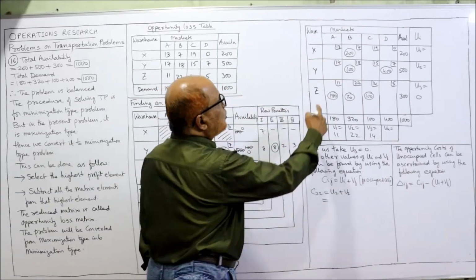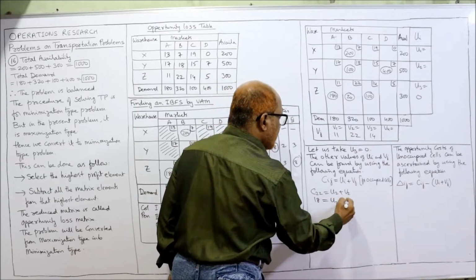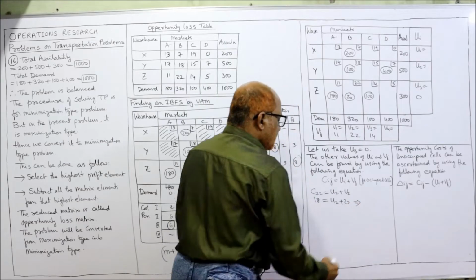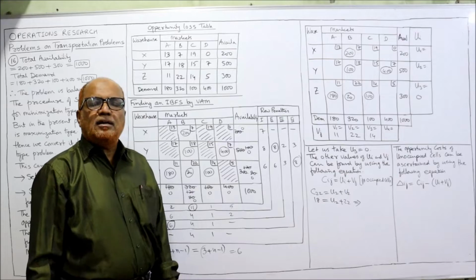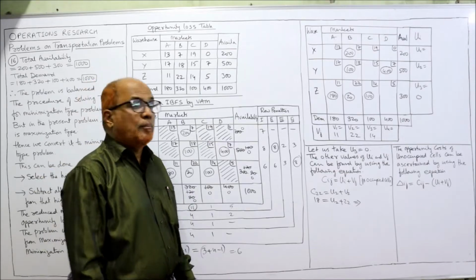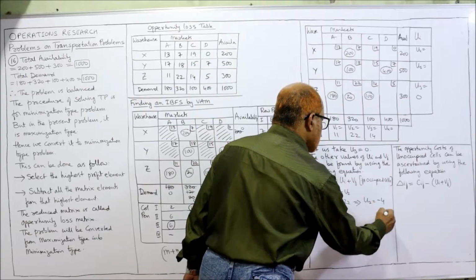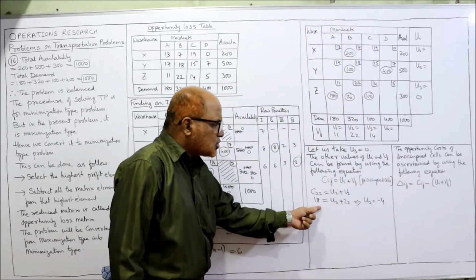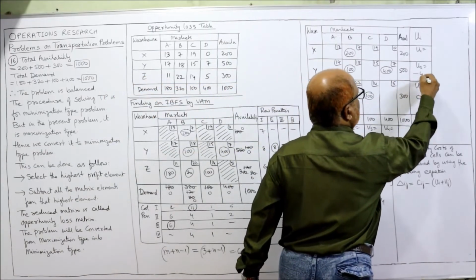C22 is 18. U2 we don't have, but V2 we have, 22. Bring the 22 to LHS, so minus 22. So 18 minus 22, you will get minus 4. So U2 is equal to minus 4.